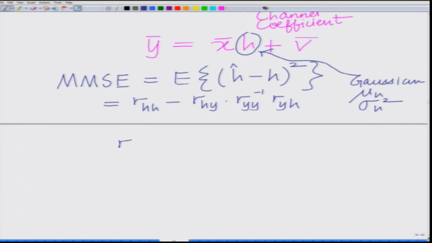So our RHH is equal to your prior variance, sigma h square. We already know RHH, that is expected value of h minus mu h whole square, equals sigma h square, which is the variance of the Gaussian prior for this fading channel coefficient h.